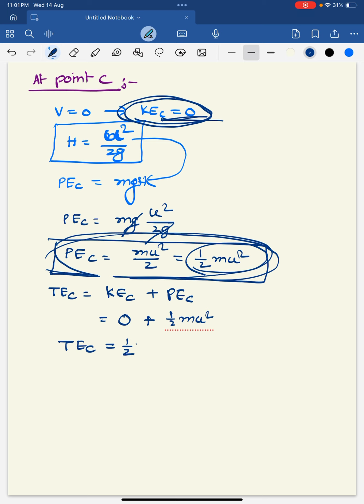Therefore total energy at point C is equal to half mu square.